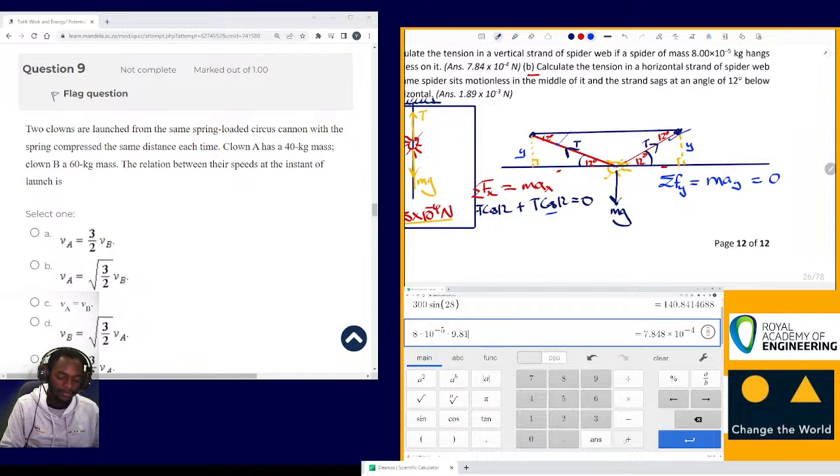These two are in the positive, but this one is in the negative.